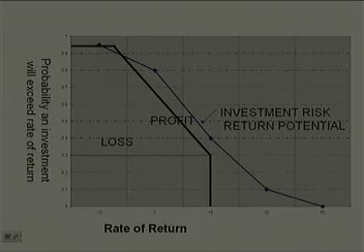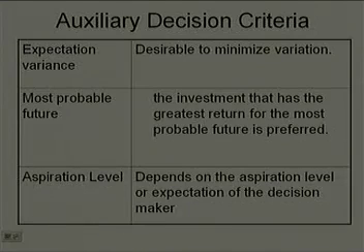Now, we will see some more criteria which help us in arriving at a decision, especially when we are considering risk also as a part of it. They are called auxiliary decision criteria.